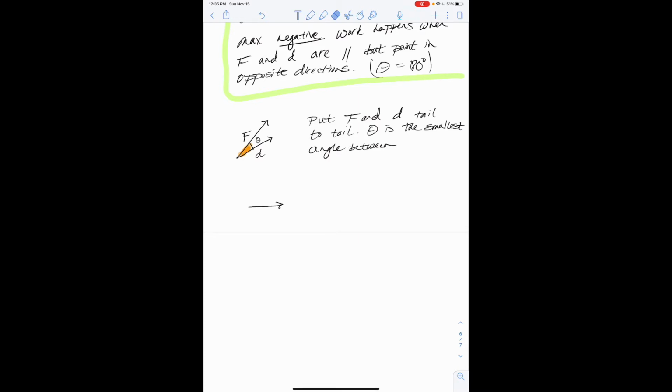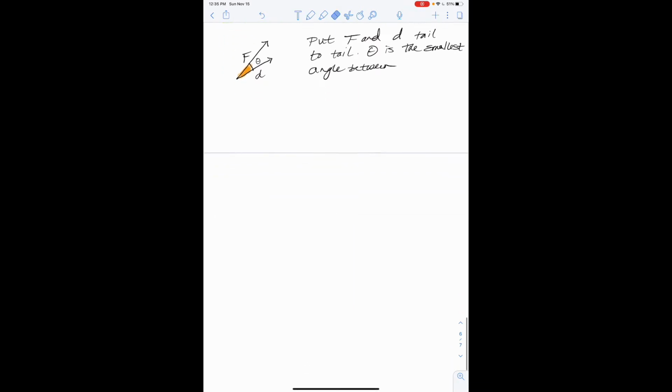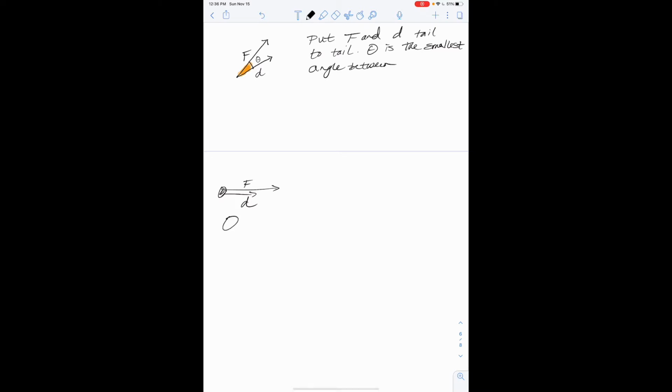All right, so let's draw a few things. Let's say, for instance, we have F, we have D, this dot here is my object, and these vectors are right on top of each other. They point in the same direction. So in this case, theta is equal to 0 degrees. I can't really draw it because the vectors are right on top of each other and the angle is 0, but you get the idea. So this is max positive work.